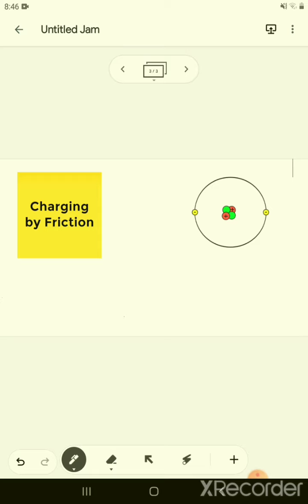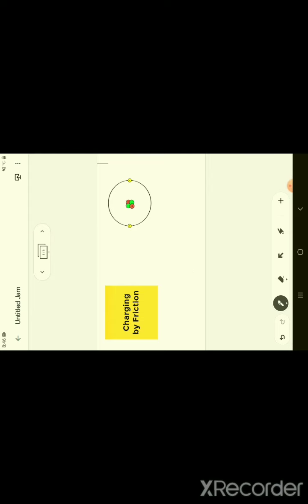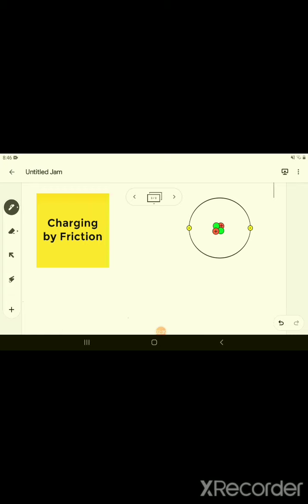Now we want to look at charging by friction. Now we know that in order for static electricity to occur, there must be some unbalanced charges or separation of two different charges. Okay?